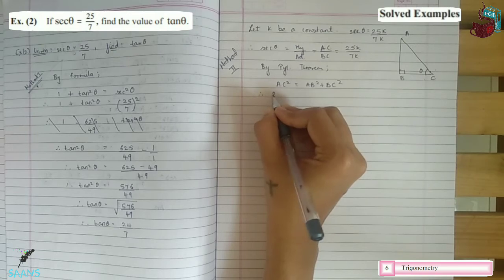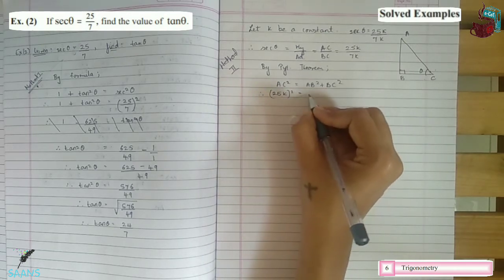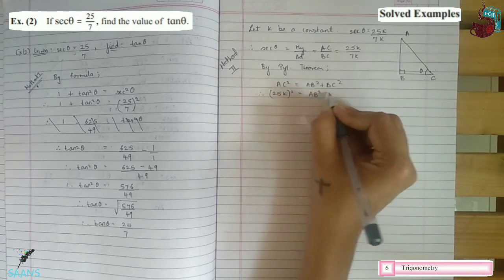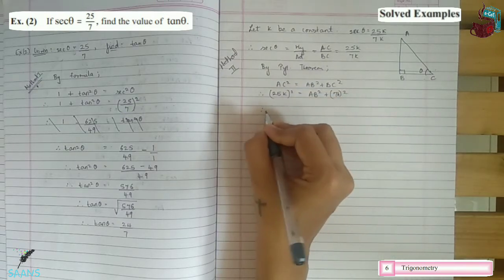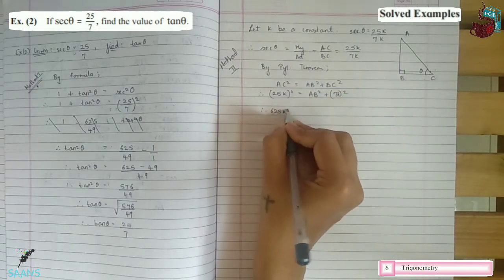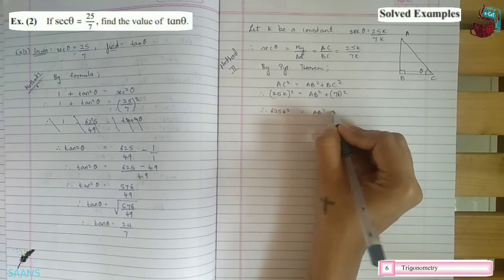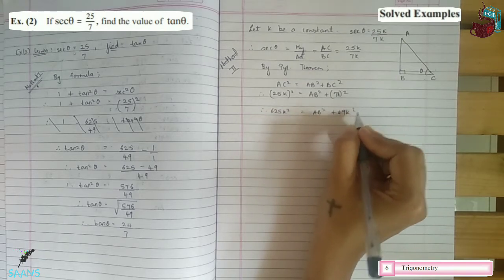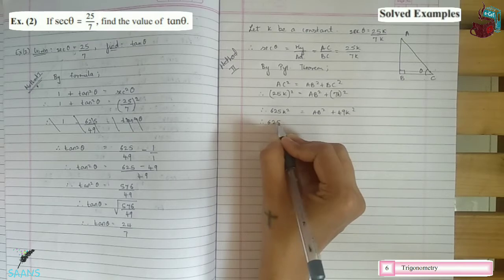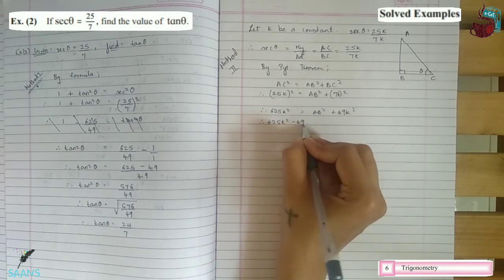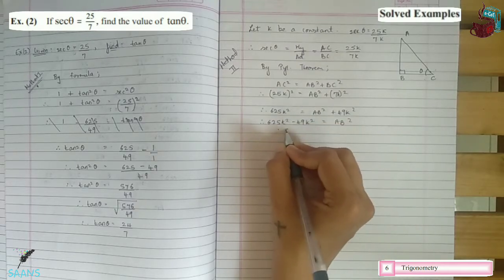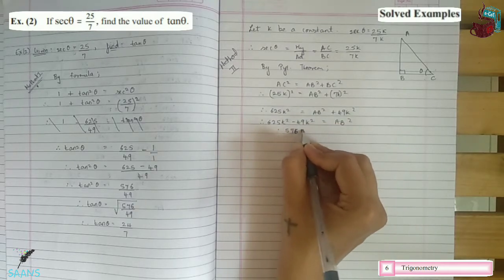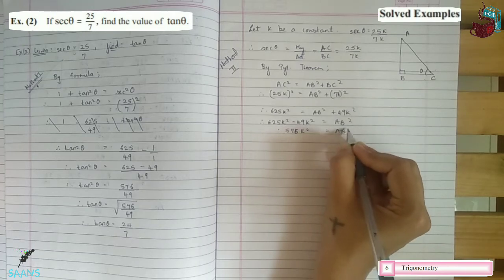Therefore, AC is 25k, the whole square, is equal to AB square plus BC, which is 7k, the whole square. Therefore, 625k square is equal to AB square plus 49k square. So 625k square minus 49k square is equal to AB square. Therefore, 576k square is equal to AB square.